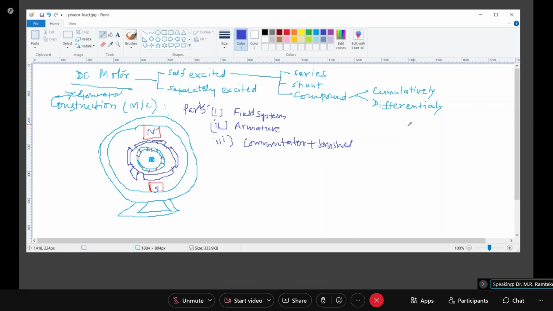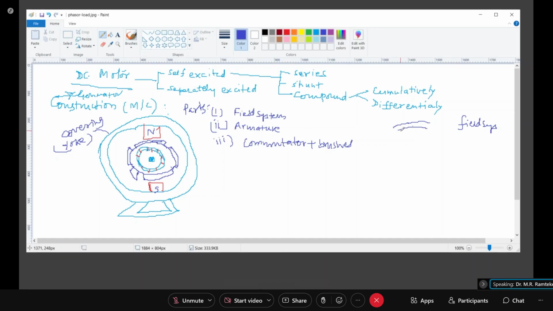In the field system, it cannot be shown here in a complete way, so we will discuss the field system first. This is the outer covering, or we call it a yoke. It's just a protective cover, and it has many other purposes also.